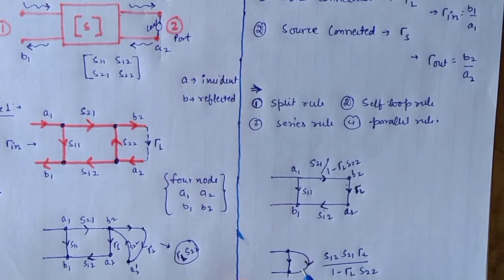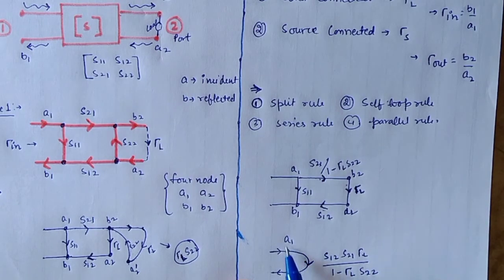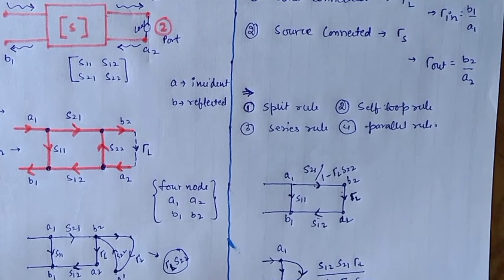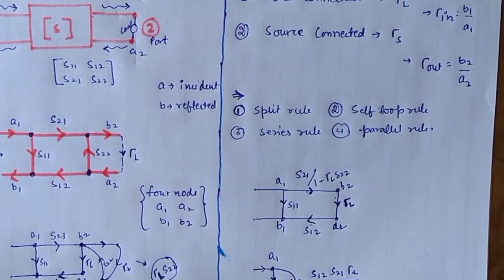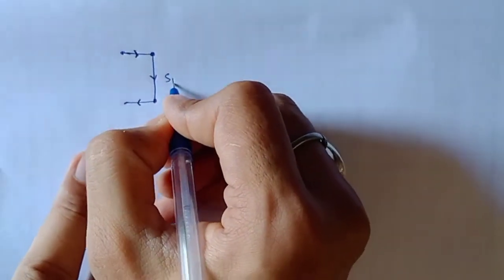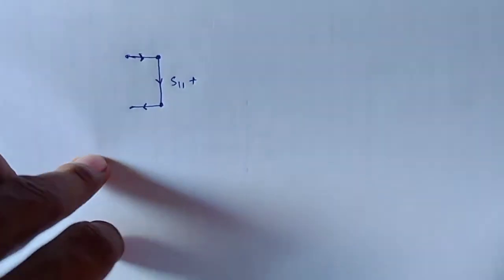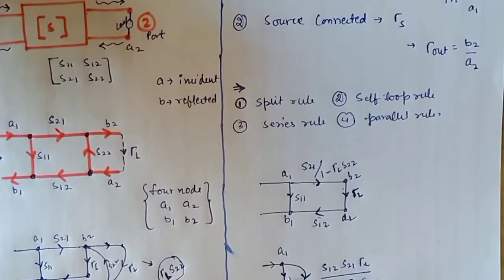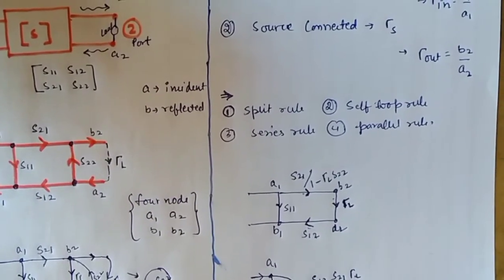Now I have only 2 nodes, A1 and B1. I still have to find the relation between B1 and A1, so I have to eliminate this. Now both directions are the same, so I can apply the parallel rule here and add these two. The parallel rule says that I can add these two coefficients and find the ratio of these two.